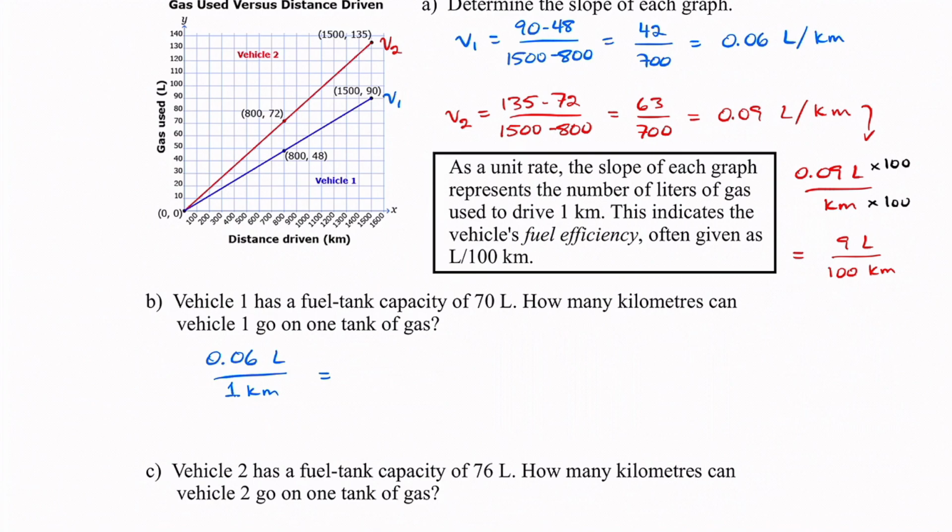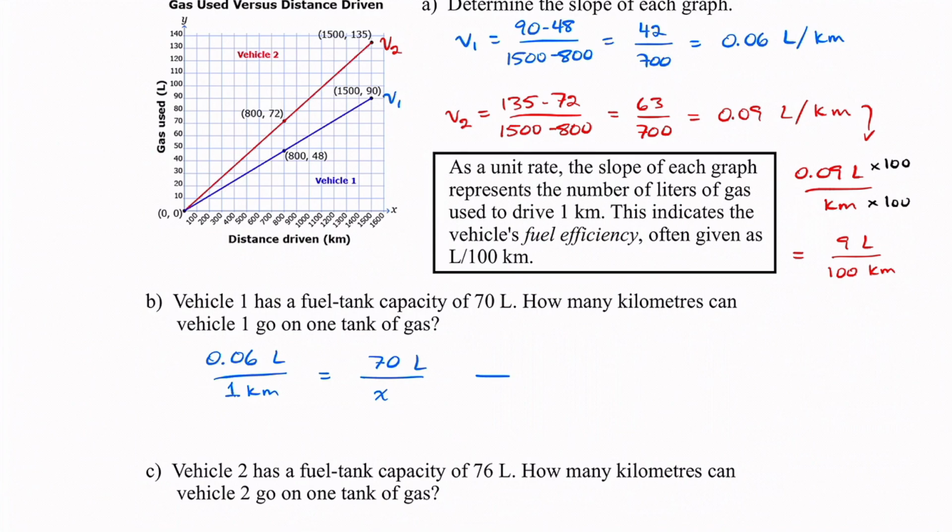So I'm going to make a proportion, and because liters is in the top here, I'm going to put liters in the top here. And then I have to put the number that went with that, and that was 70. So 70 liters, and this is going to be X amount of kilometers. So this is just a proportion where we can cross multiply and divide.